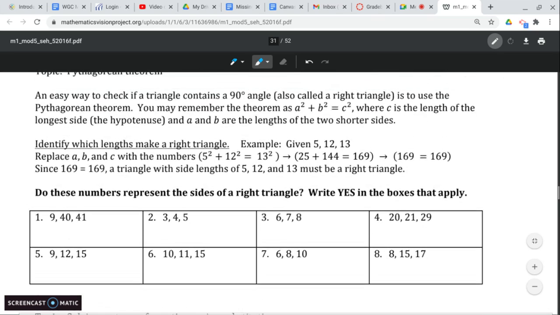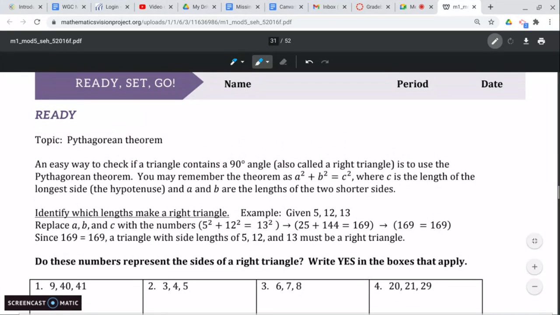All right, so we're going to do numbers 1 and 3 together. And I'm going to come up here so I have some more space. We're going to have 9 squared plus 40 squared equals 41 squared.